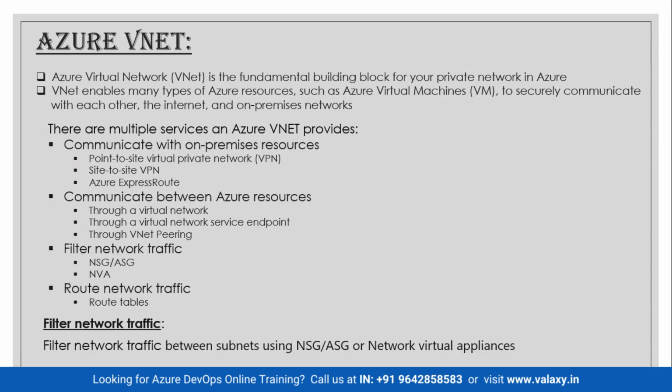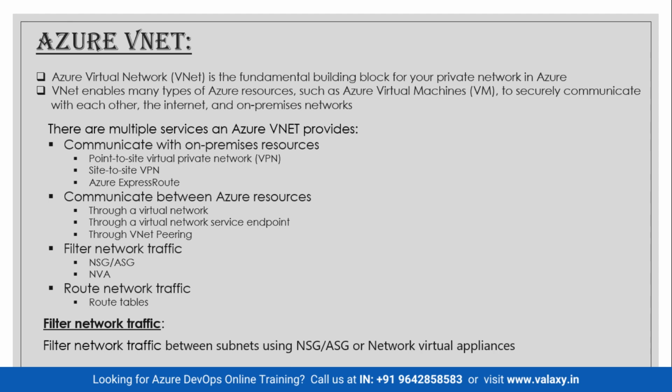So virtual network is the fundamental building block for your private network in Azure. So basically, guys, if you want to have a private network set up in cloud, this is the service which you will be using. That's virtual network. Vnet will enable many types of Azure resources such as Azure VM to securely communicate with each other.